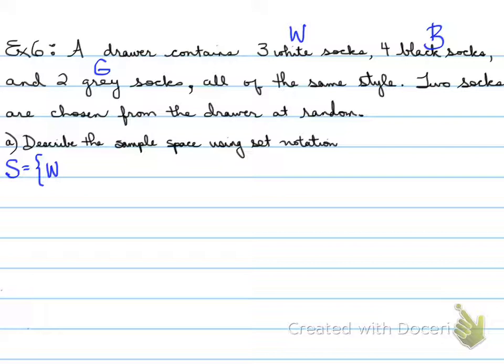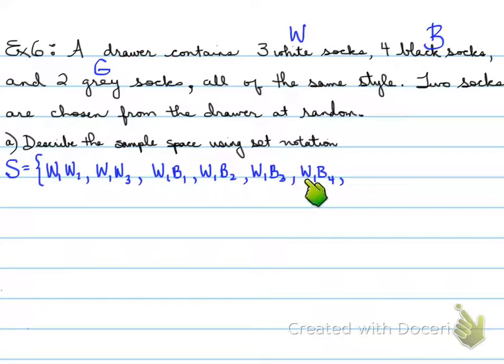So you can have a combination of white 1 and white 1, because there's 3 of them, white 1, white 2, white 1, white 3, white 1, black 1, white 1, black 2, and so on, so that you have all of the white ones possible to be picked out of the drawer.